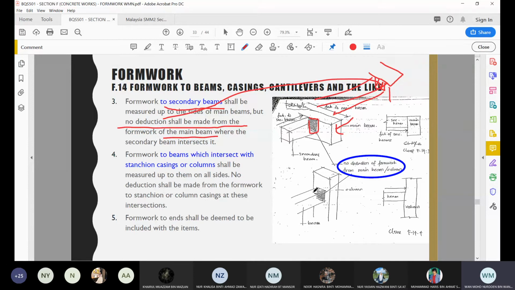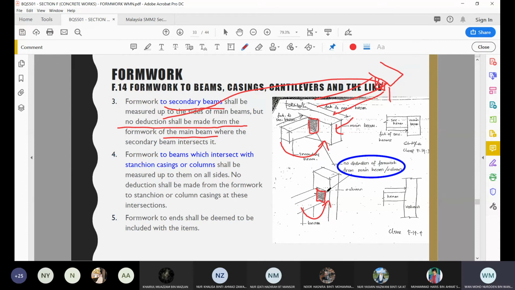Sama juga situasi ni. Formwork to beam which intersect with extension, casing or column. Ni kalau tadi daripada secondary kepada main beam. This one beam kepada column. Of course beam dengan column dia akan connected. Okay. Kalau dah ada continuity between two structure. Okay. So kawasan yang bertindih kawasan ni, maksudnya column ni akan kosong lah kawasan ni. Sebab kawasan ni kita akan potong so that kita boleh letakkan kita punya formwork untuk kita punya beam.